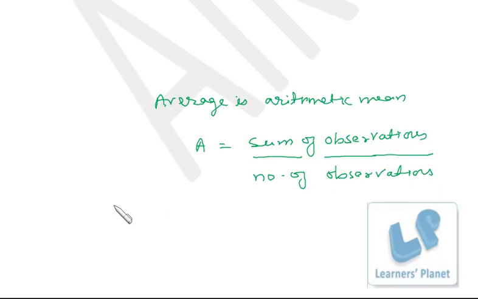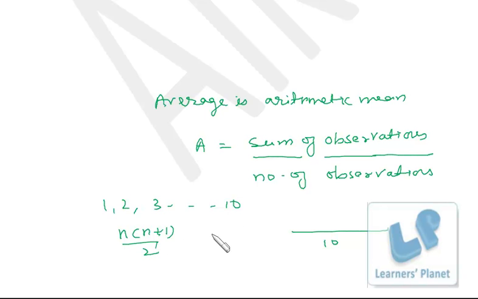Suppose you have to find out the average of say first 10 natural numbers, right? The first 10 natural numbers are 1, 2, 3 till 10. If you have to find out the average of these 10 data, that means you have 10 data. So number of observations is what? 10. Now sum of these 10 numbers will be what? Sum of first n natural numbers is given by n into n plus 1 by 2.